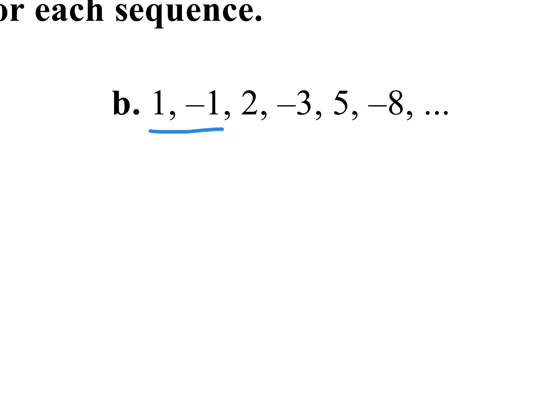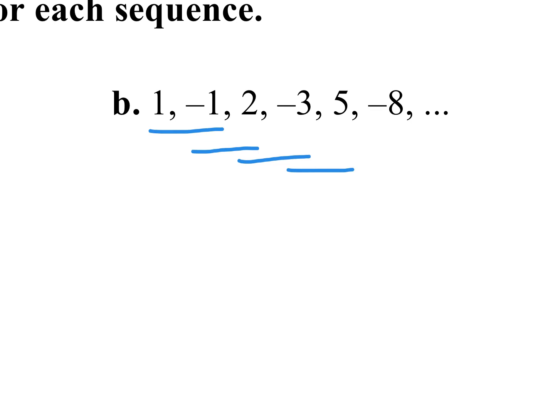Let's try to figure out, could that pattern work for everything? 1 minus -1 is 2. What if I subtract these? -1 minus 2 is -3. And then if I subtract these two terms, 2 minus -3 is 5. -3 minus 5 is -8.